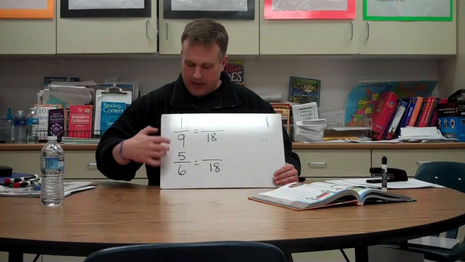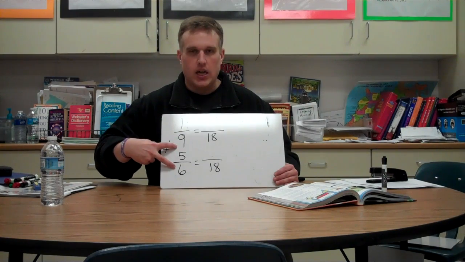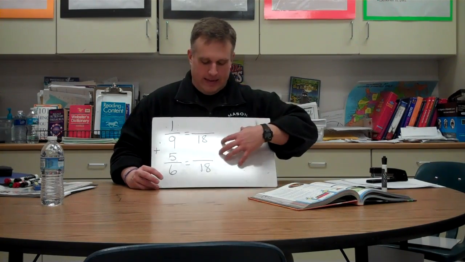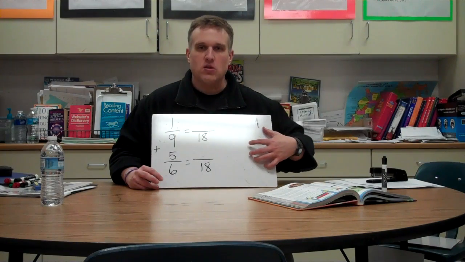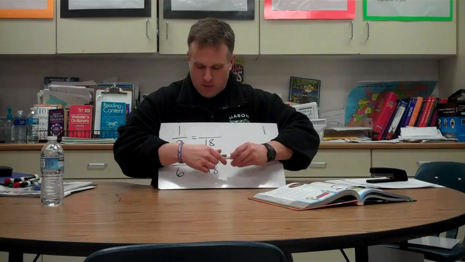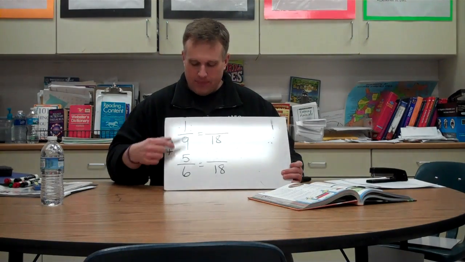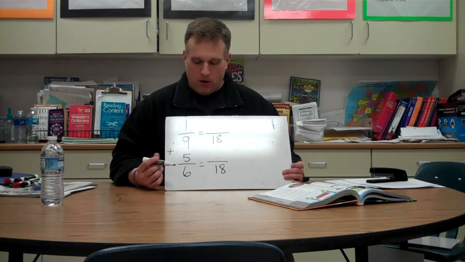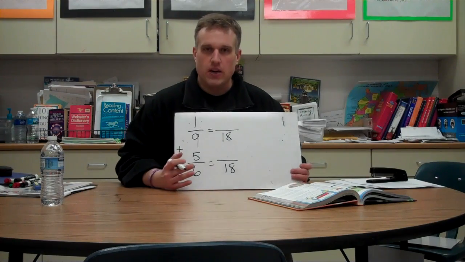In this case, we have a 9 here and a 6 here, which means they are unlike. They went ahead and already found the LCM for us, which is the least common multiple. The least common multiple for 6 and 9 is 18. Okay? So most of the work's already done for us.